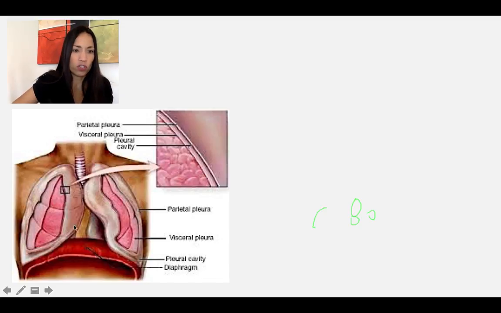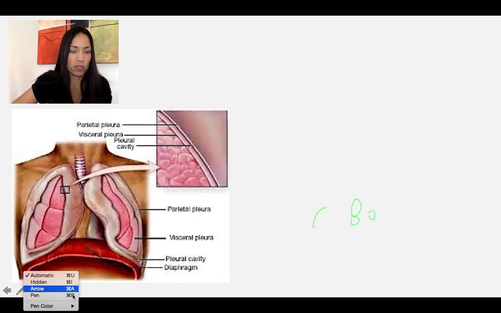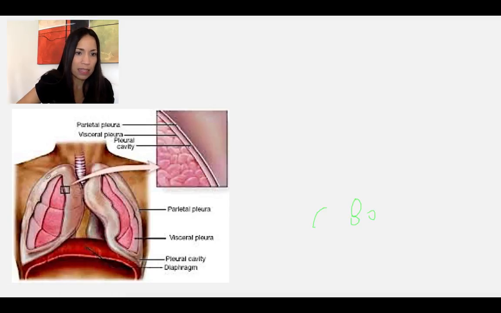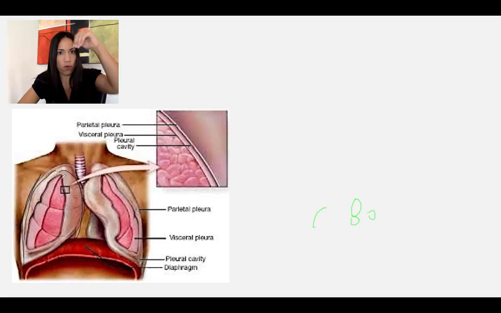Another image just to understand the same structures. This is the outer parietal pleura lining the wall, the ribs and the muscles, the outer wall of the thoracic cage, and the lateral wall of the mediastinum. And this is the visceral. Remember, it just folds over.